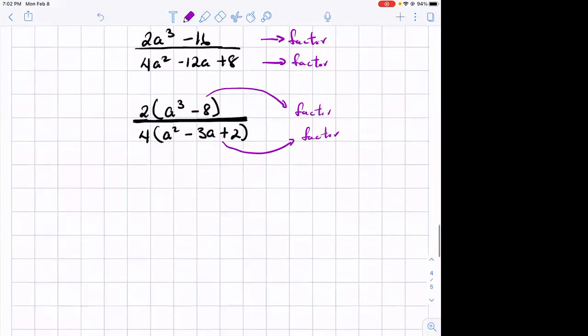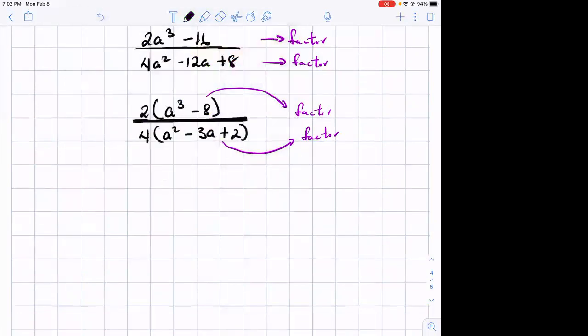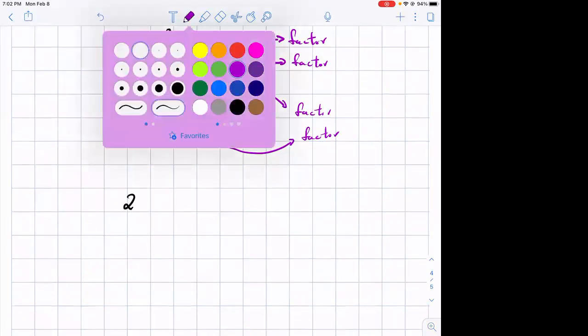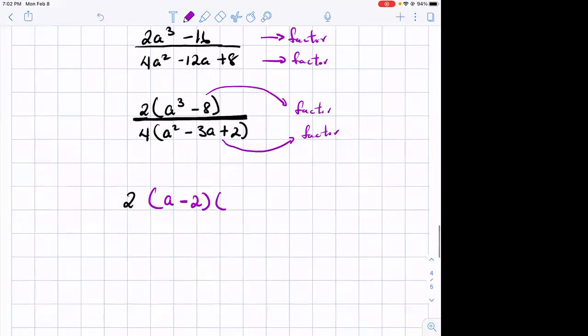Now the top is a difference of cubes, and I had shared the difference of cube formula with you before. So if you factor the inside, the 2 stays, but now that inside, using the difference of cube, becomes a minus 2 times a squared plus 2a plus 4.